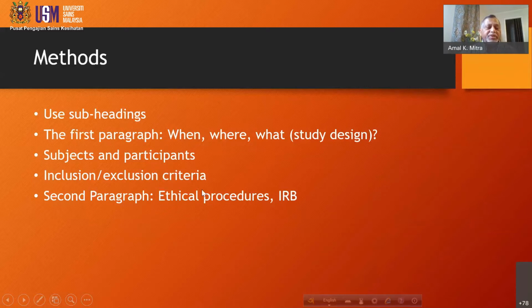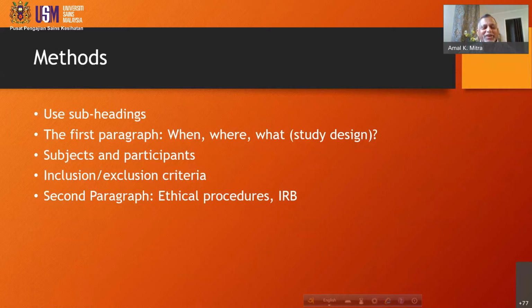Some people call it human subject procedures, or IRB, Institutional Review Board clearance. Some journals require the IRB number. Most journals do not need it. But I have seen people submitting the IRB number within parentheses, confirming that you did it. But generally it is not required. I have also seen, to the extreme, that they ask for the letter. That is very rare.